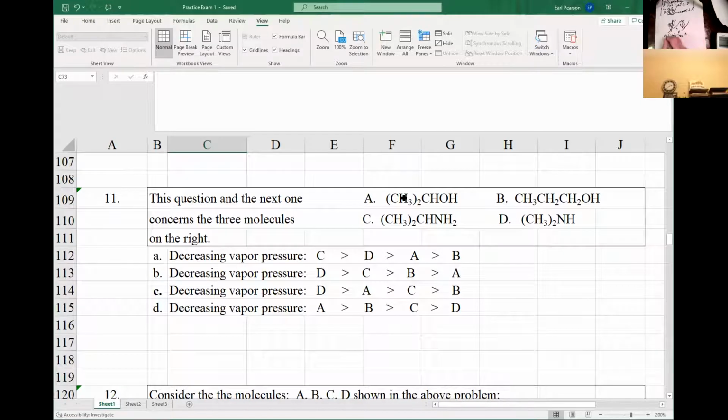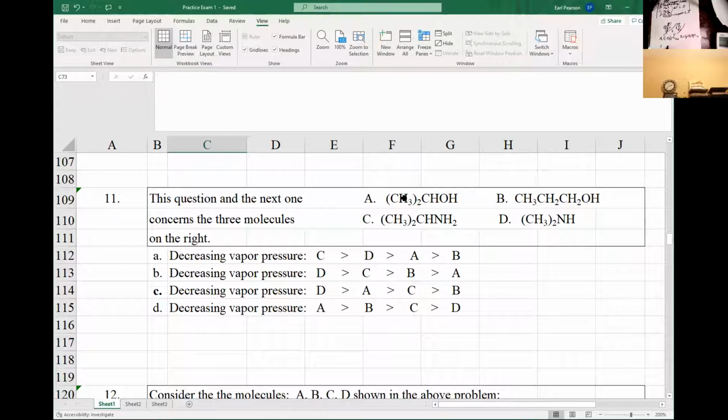B is CH3, CH2, CH2, OH. Okay, that's the shape of that one.